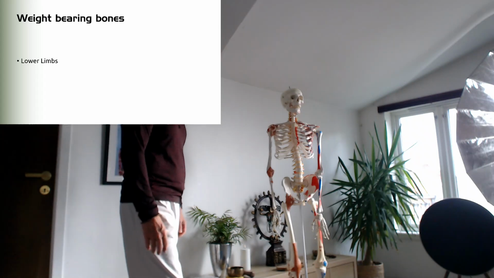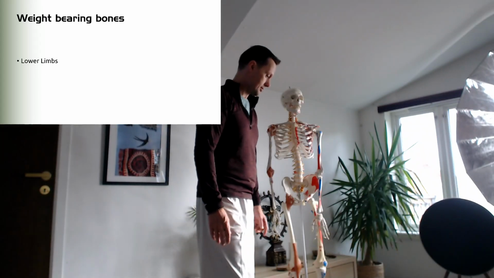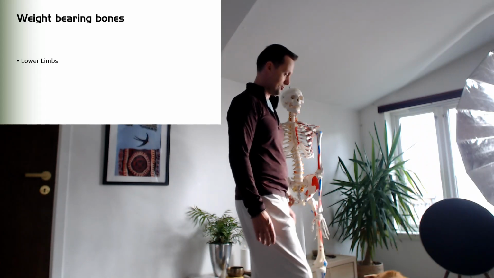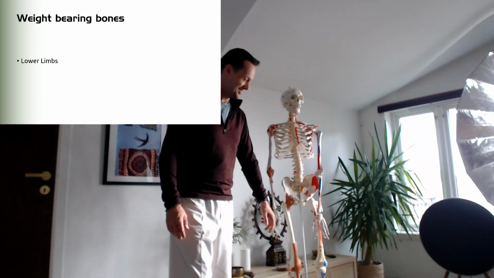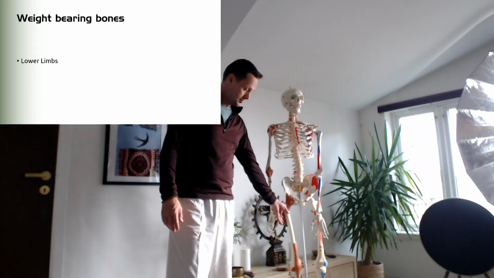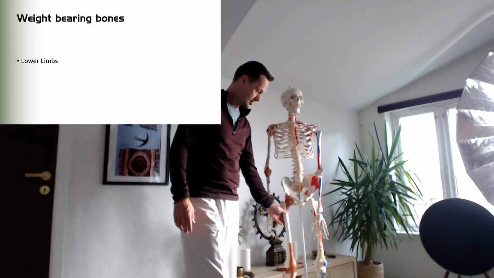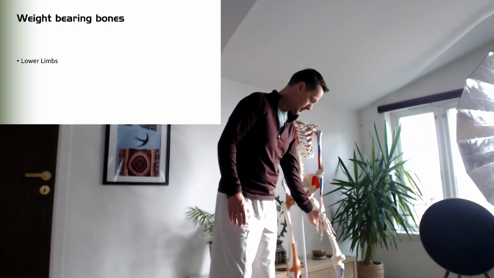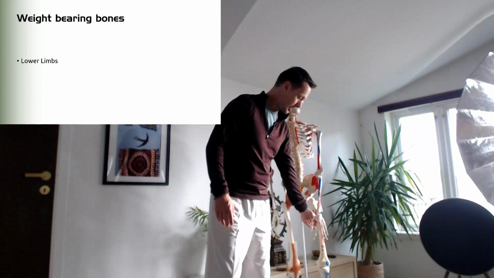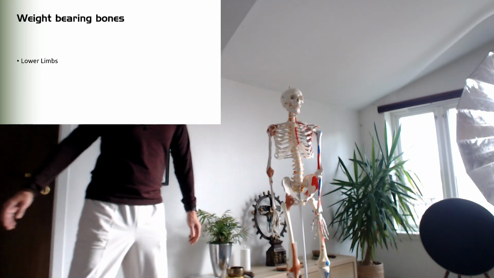So let's explore the structural bone structure, starting with the bearing bones. So the lower limbs, that's from the pelvic and down. So the bones that are carrying weight here.